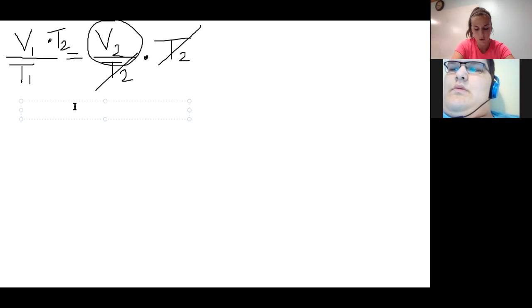Okay, volume 1 was 11.2 liters. And the new temperature is given to us in Celsius, and as we know, we need to convert to Kelvin every time. So first we're going to do that.